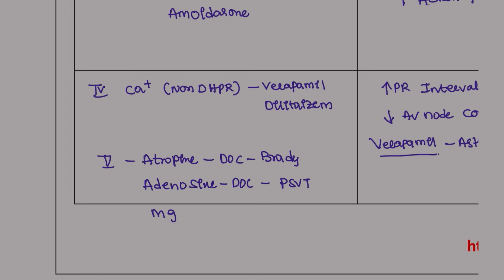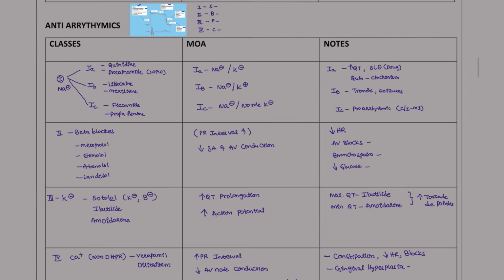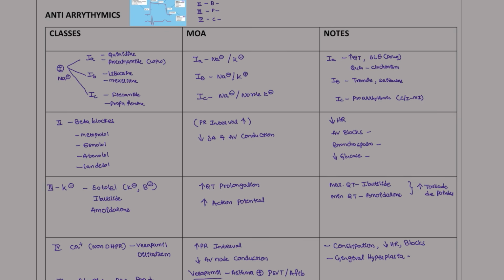Next, MgSO4 is the drug of choice, especially for torsades de pointes. Digoxin is the drug of choice in some congestive heart failure patients, right? These are associated with class 5, miscellaneous. Multiple different actions will be seen in the miscellaneous drugs.